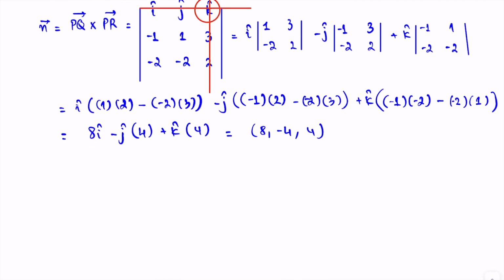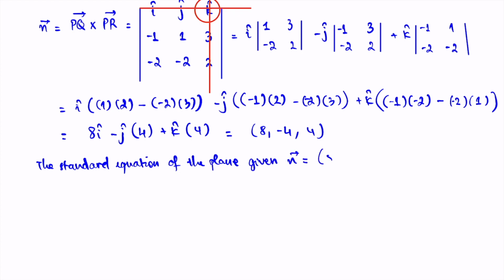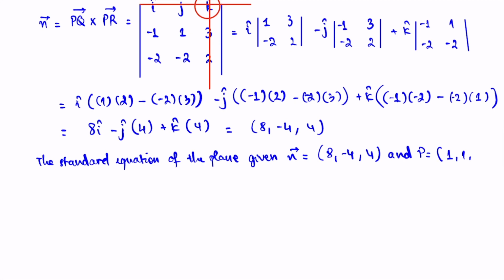So we're going to start with the standard equation, or the scalar equation, of the plane. Given n equal to 8, negative 4, 4, and P equal to 1, 1, negative 2, I'm going to write the formula again.